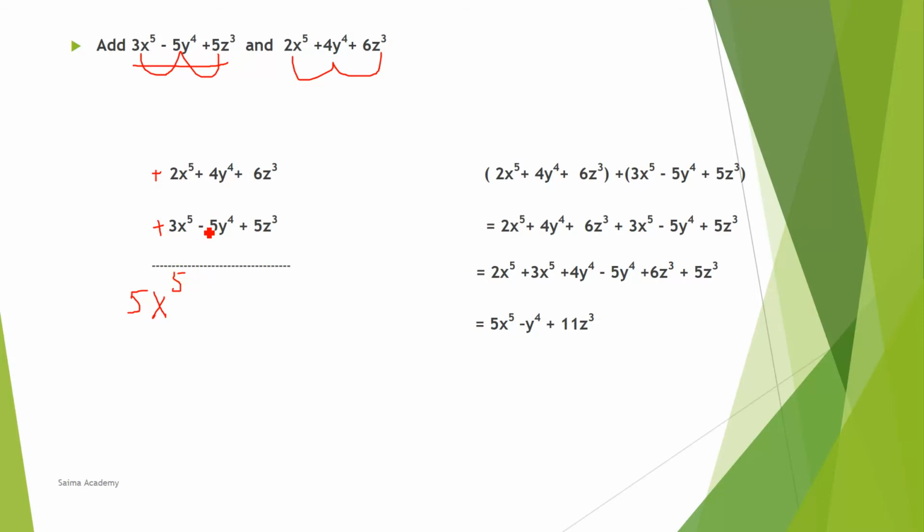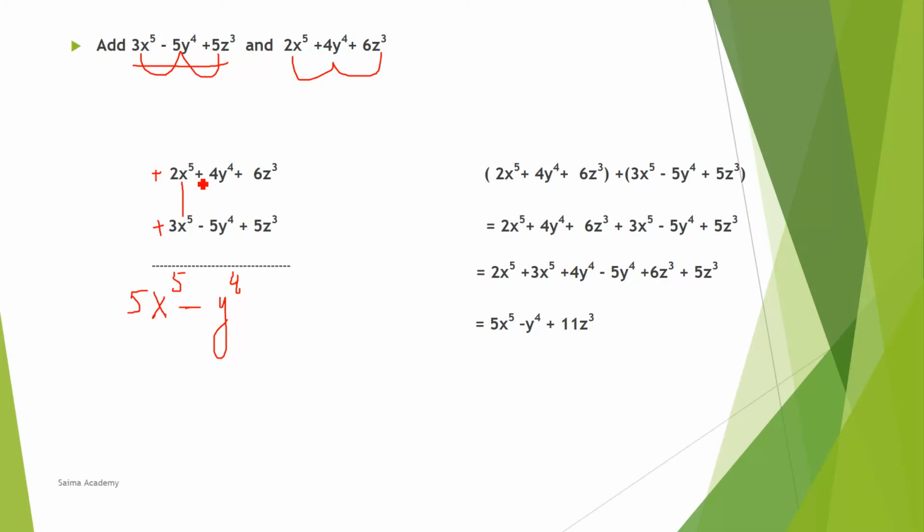Then plus minus. See, I'm not going to add x^5 and y^4. No, it should be the same variable, x^5, x^5. And then positive, negative, definitely you have to subtract. See, when we subtract 5, 4, the answer is y^4. But what sign will come? Minus, because 5 is greater than 4, right?